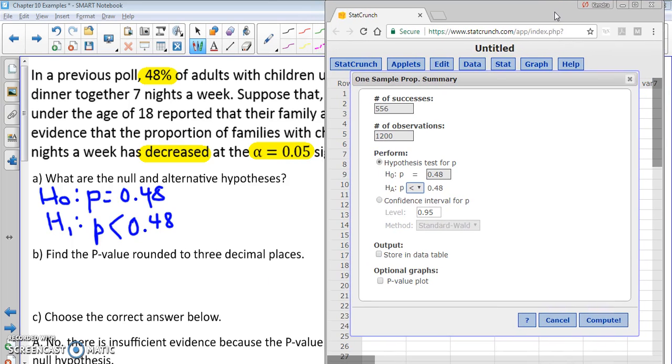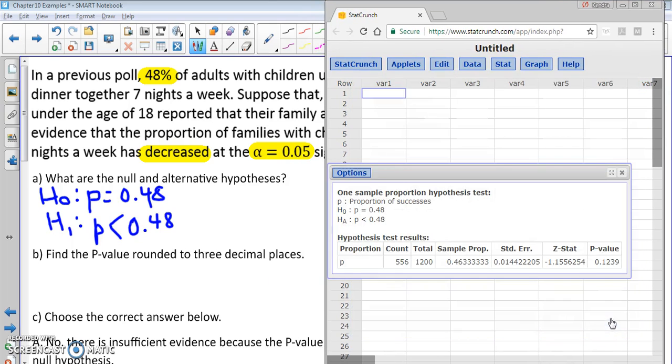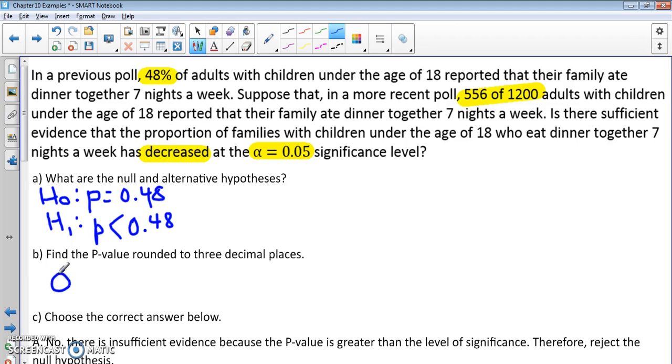Put this up here. I'm going to hit compute. So our p-value is 0.1239, and it says round to 3 decimal places, 0.124.